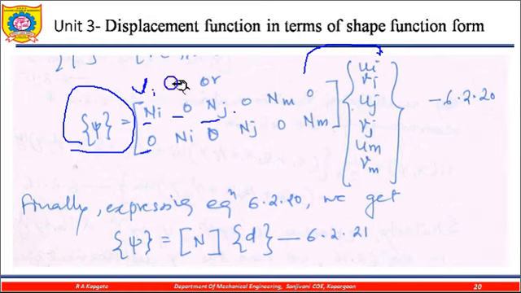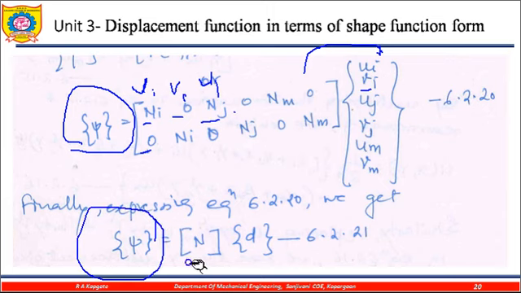The u term comes here, then the v term comes here, and the rest of the things are 0.